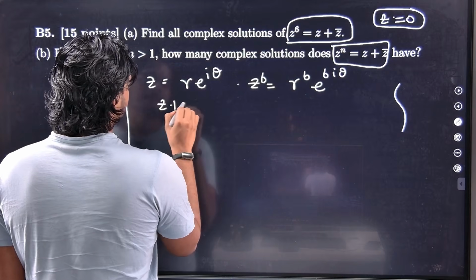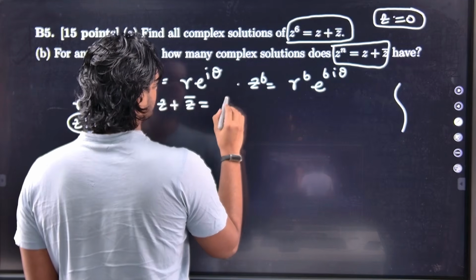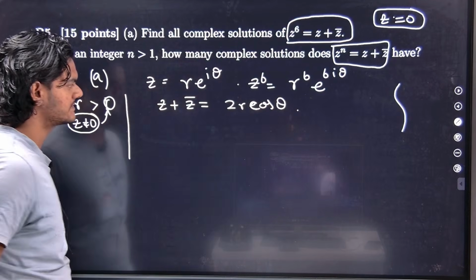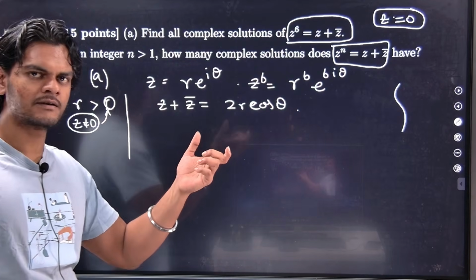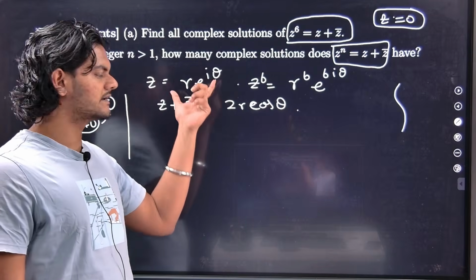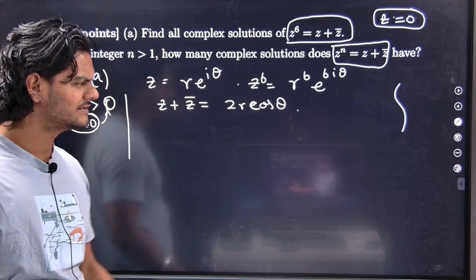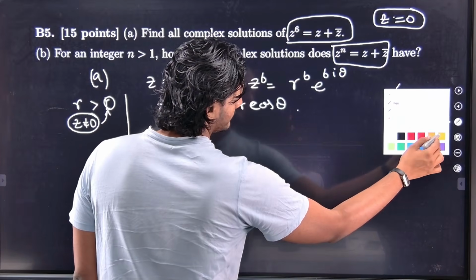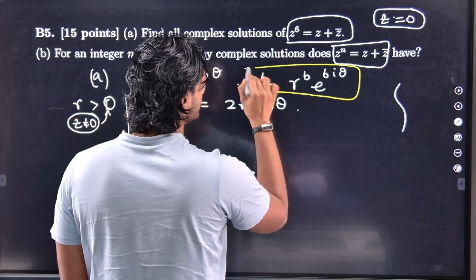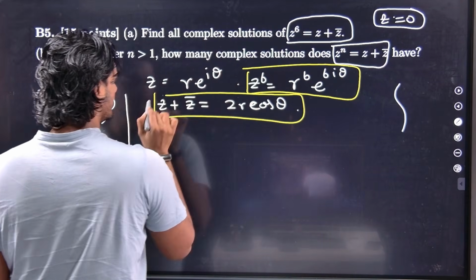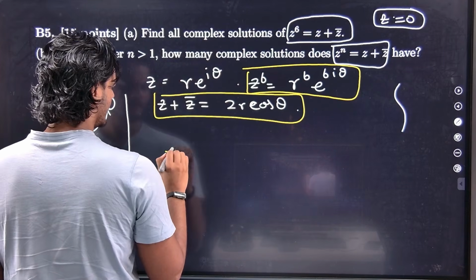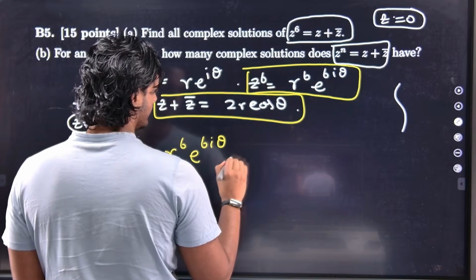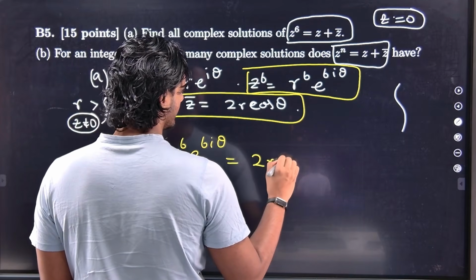And z plus z bar will be 2r cos theta, because this is 2 times the real part of z, and since we are writing it in the polar form, this is the real part. Putting these two together, we will have r power 6 e power 6 i theta is equal to 2r cos theta.